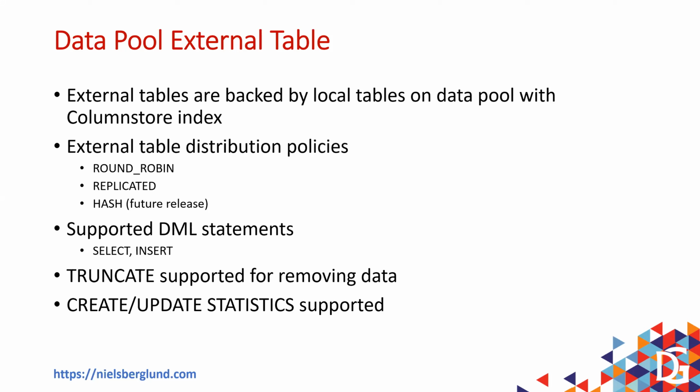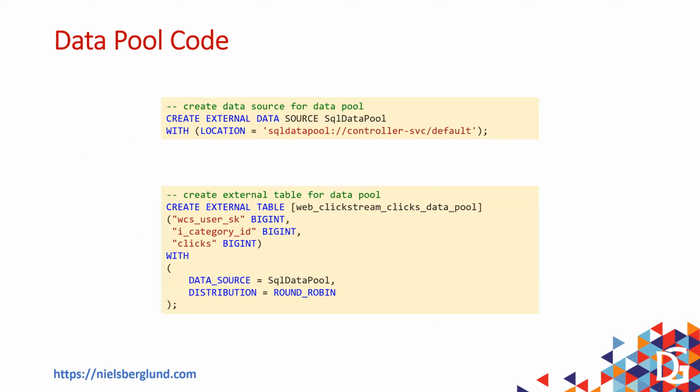So you're creating something that creates a hash over your data, and the underlying architecture will handle where to put this data based upon your hash. And as I said, we can do select, we can do insert, and we can truncate a table and update statistics.